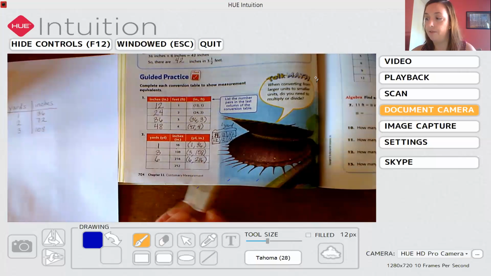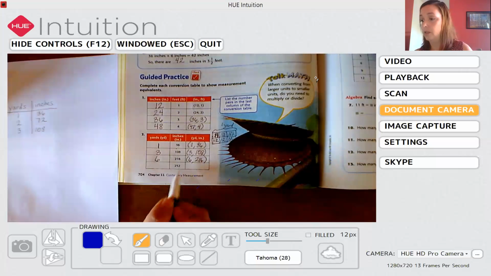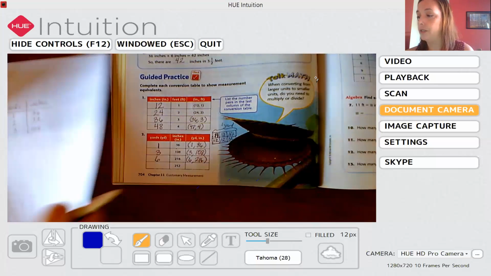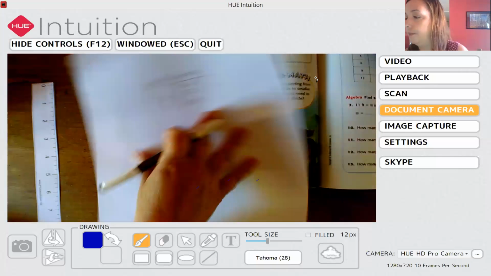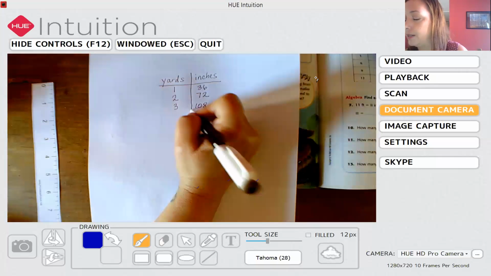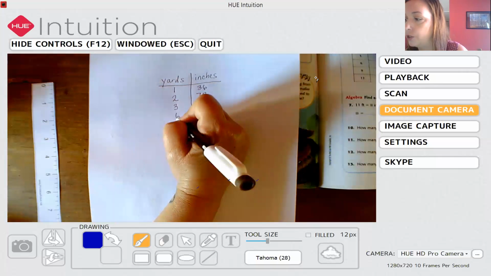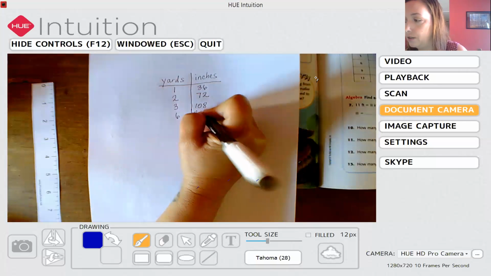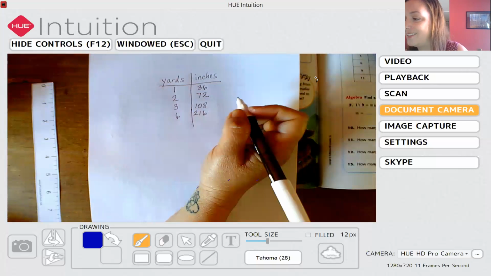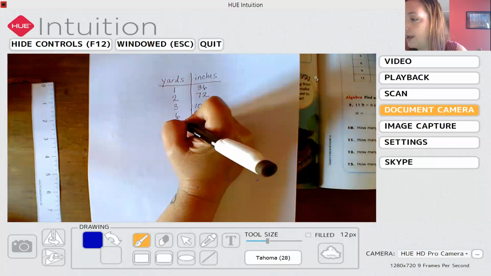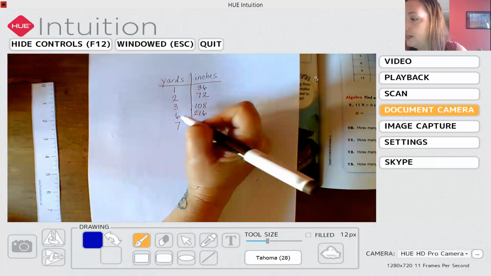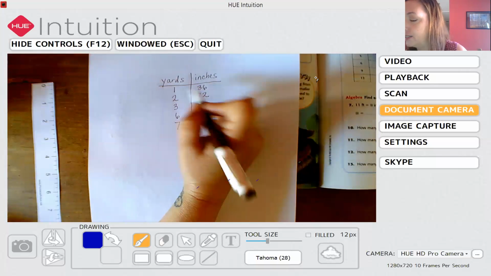Now 252, that's not double. So I'm going to go back to my ratio table and I'm going to say, okay, so I know that 6 yards was 216 inches. So let's see what 7 would be. So if I have 6 is 216 plus another 36.